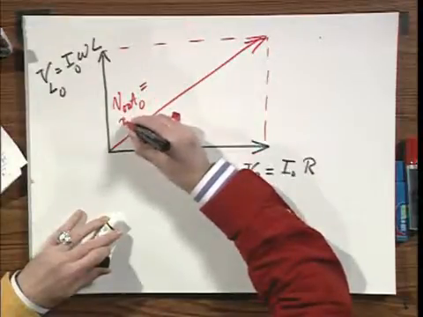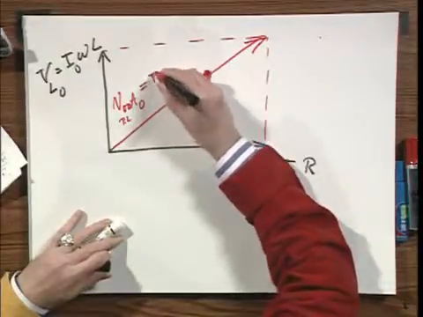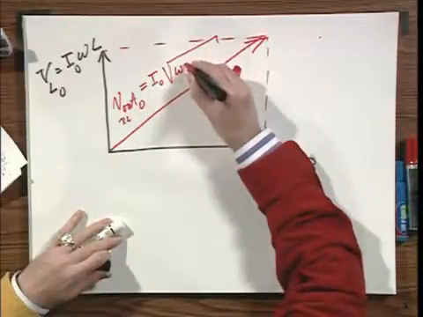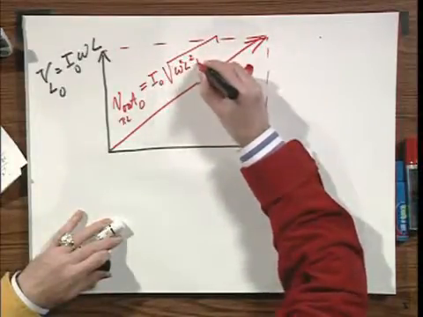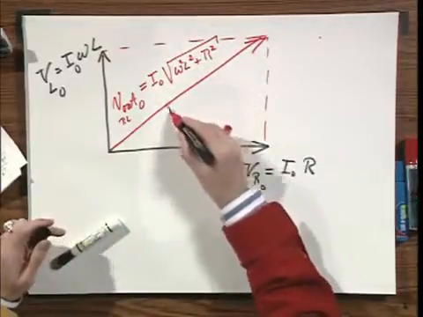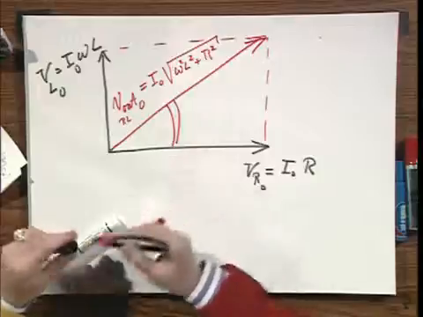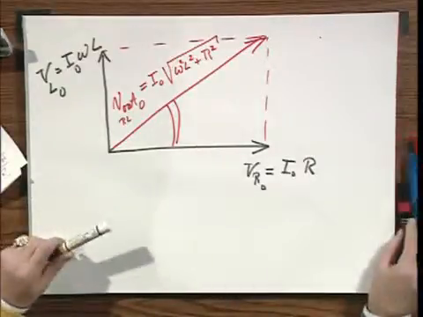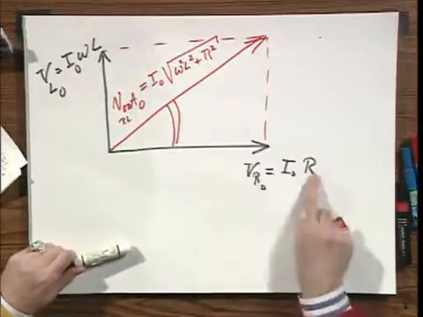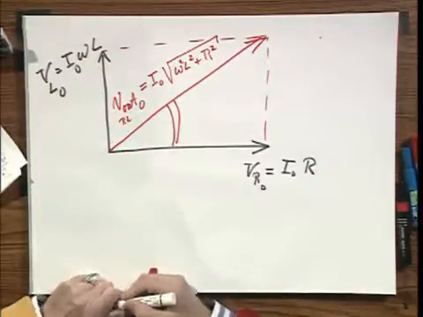This is over the R and the L simultaneously, which is I0 times the square root of omega L squared plus R squared. You see that immediately from this diagram, and this phase angle is not the phi that we have defined before, but you can determine what it is. You can take the tangent, it's omega L divided by R, if you were interested in this.